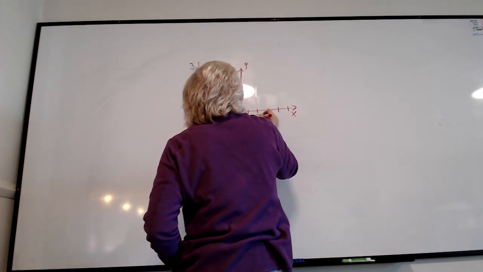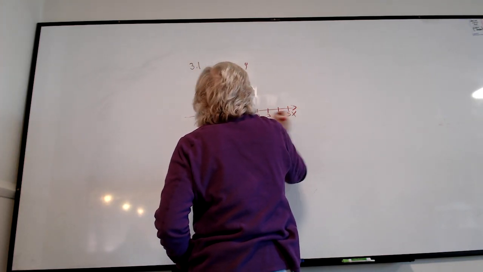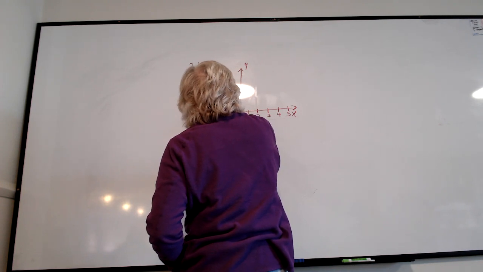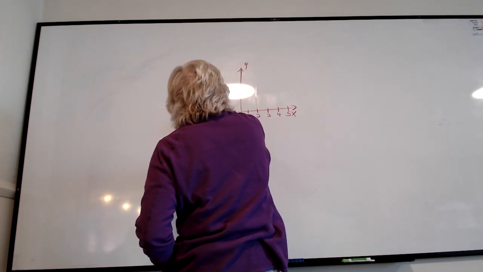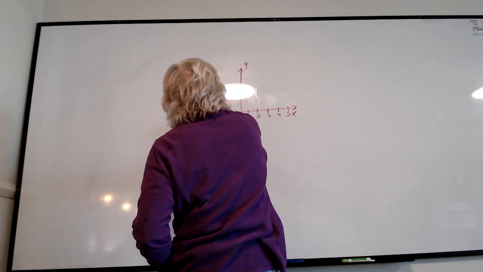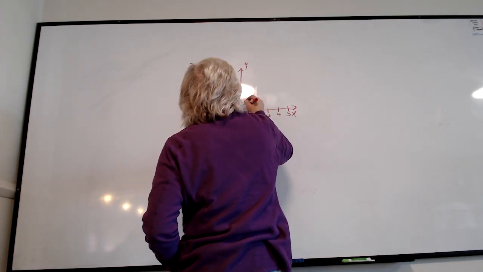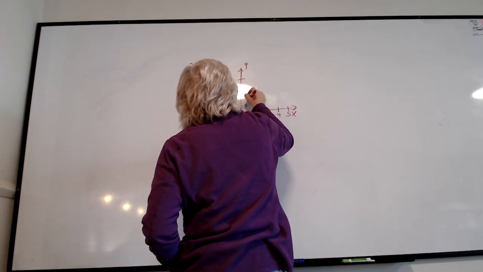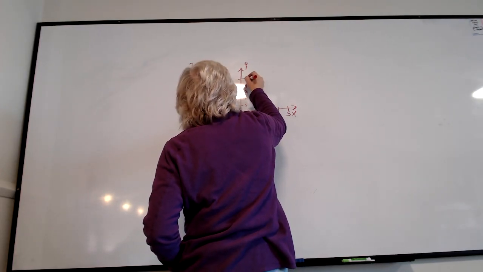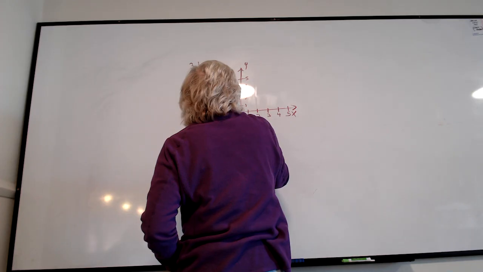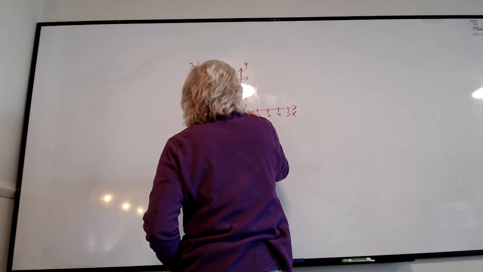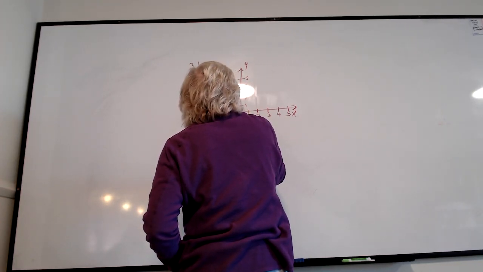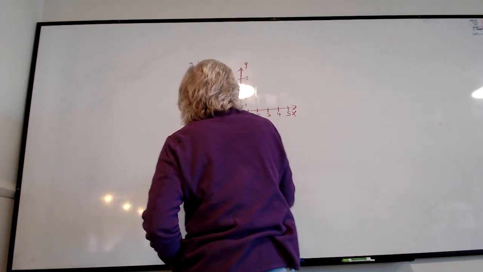So we're going 1, 2, 3, 4, 5, going back, negative 1, negative 2, negative 3, negative 4. I'll go to negative 5. We're going to go up by ones on the Y. So I have 1, 2, 3, 4, 5, and 1, 2, 3, 4, 5 going down. So that's negative 1, negative 2, negative 3, negative 4, negative 5.